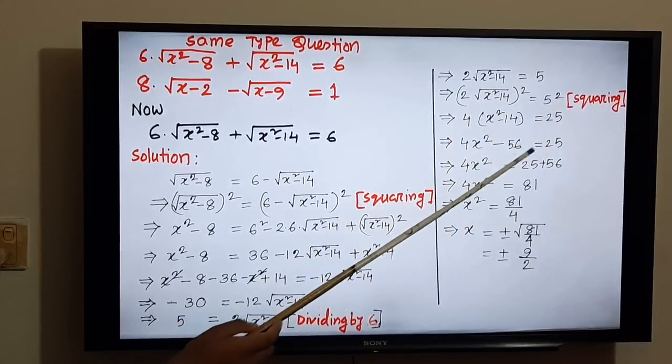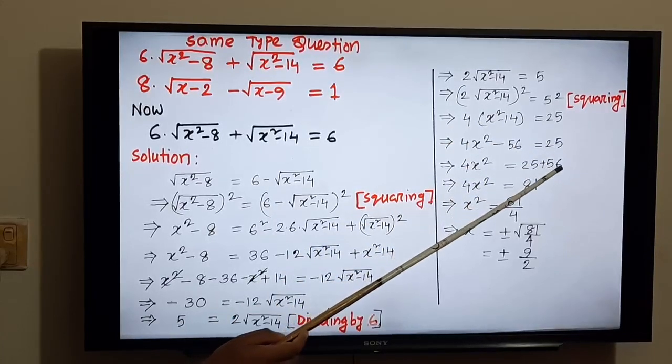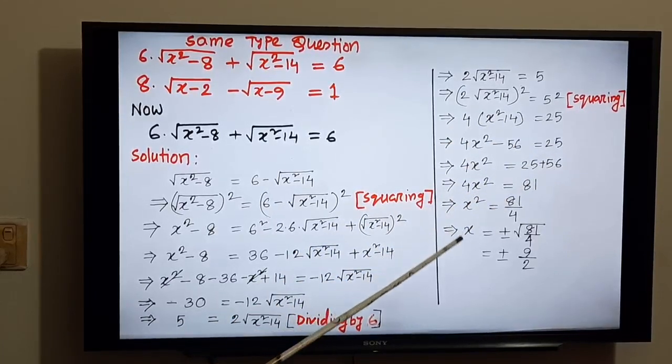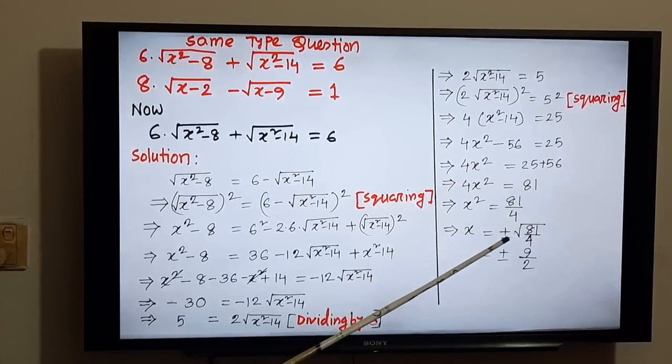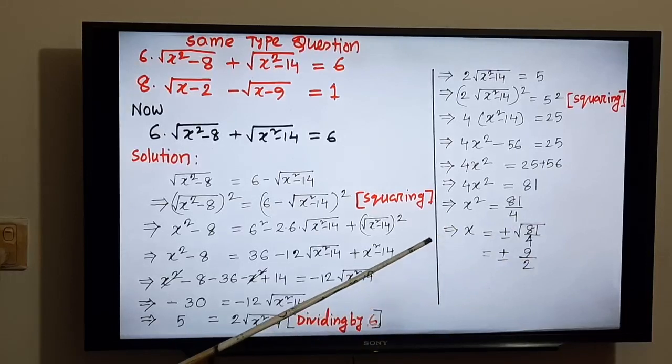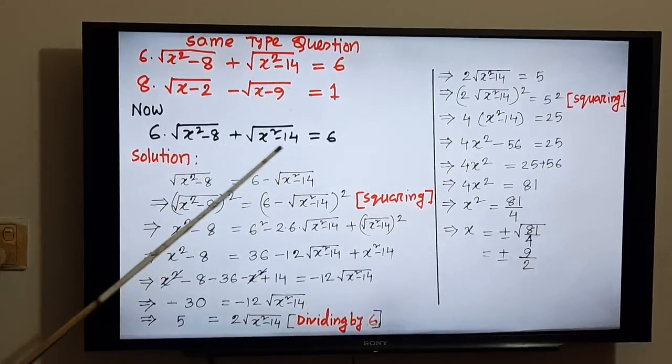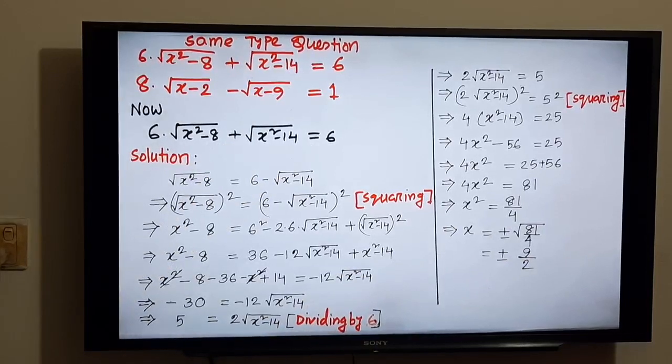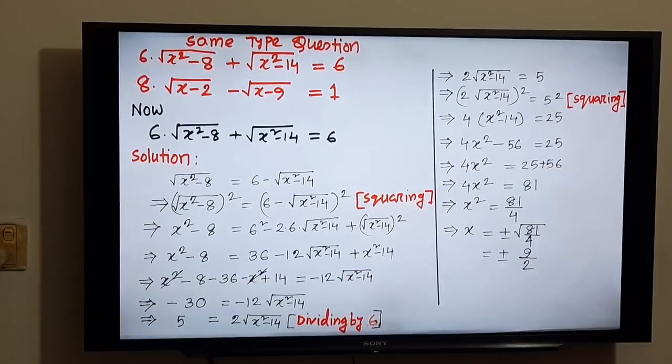So, 4x square is equal to 25 plus 56 is equal to 81, and x is equal to plus minus 9 divided by 2.